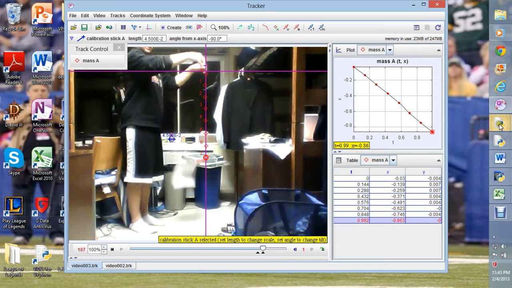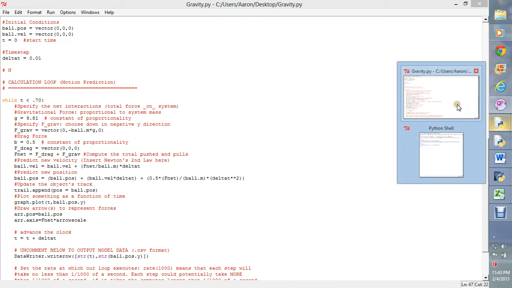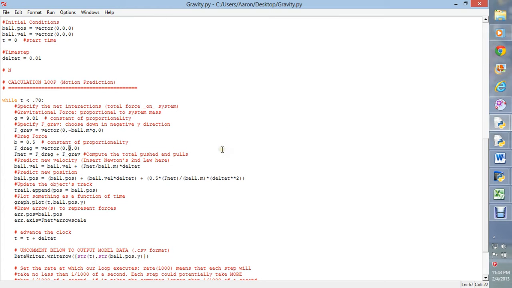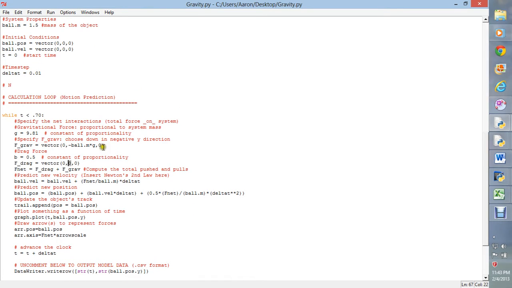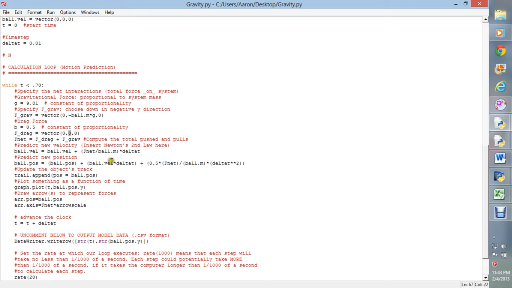After I did the Tracker, I made a computational model in Python, as you can see right here. For the sandal, I said that the drag force was equal to 0, and I put Newton's laws into a while loop, which would constantly update the position, velocity, and acceleration of the sandal.